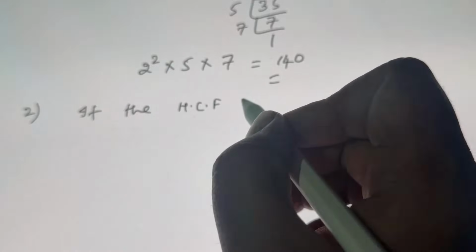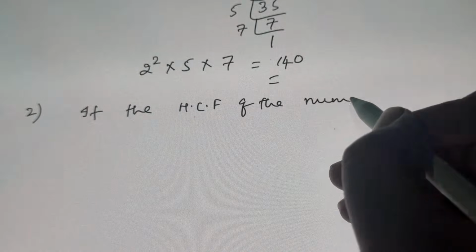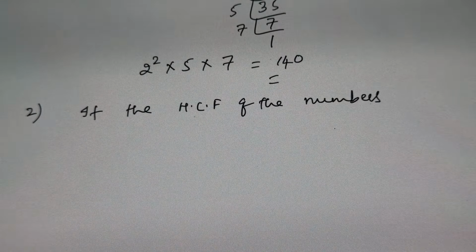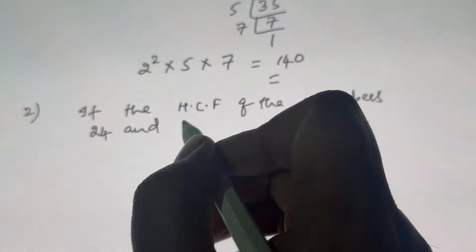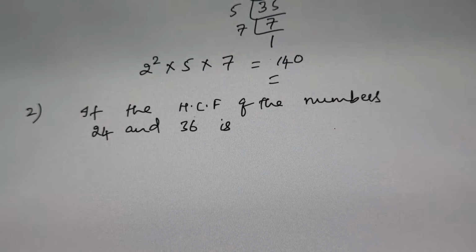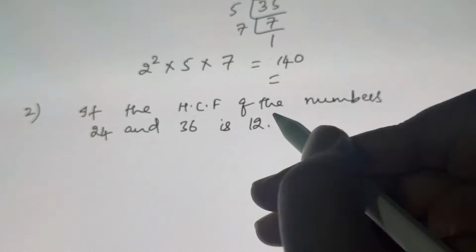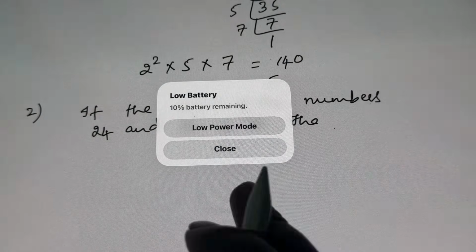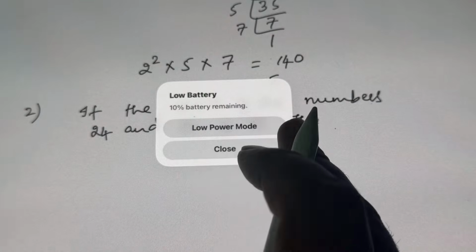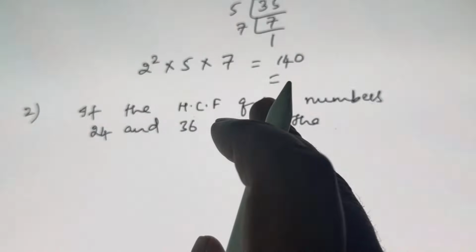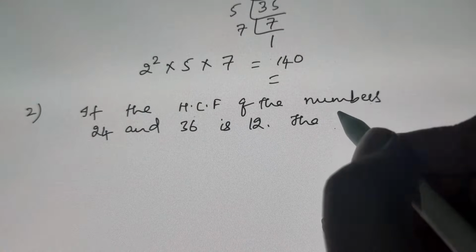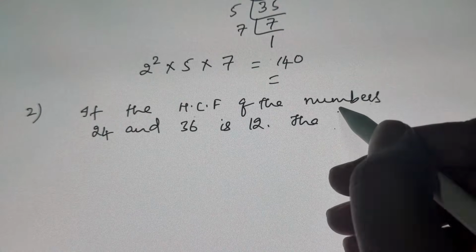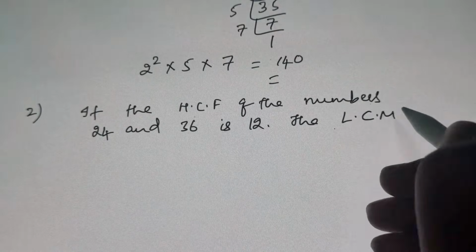If the HCF of the numbers 24 and 36 is 12, find the LCM of the numbers.